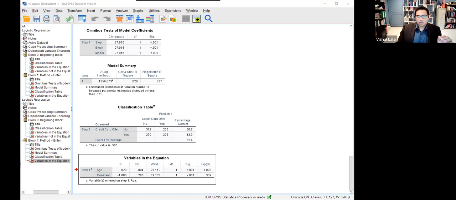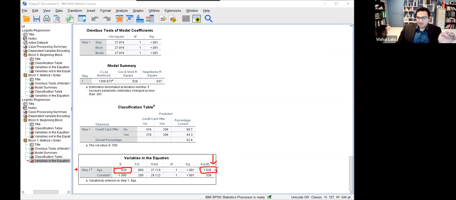In the same sense, what we're going to do here is exponentiate our age unstandardized regression coefficient. That will give us a number of 1.02. This is what we're going to use to interpret the effects of age.